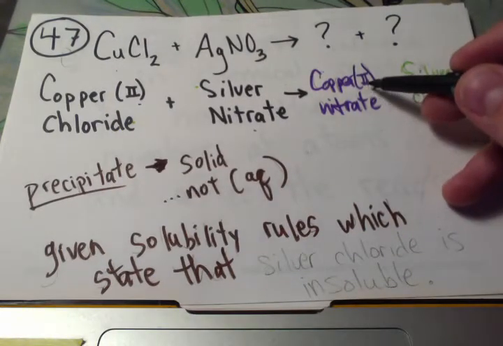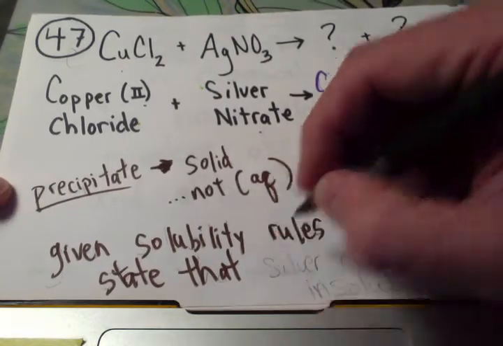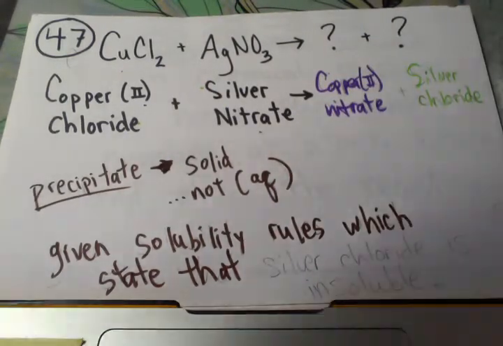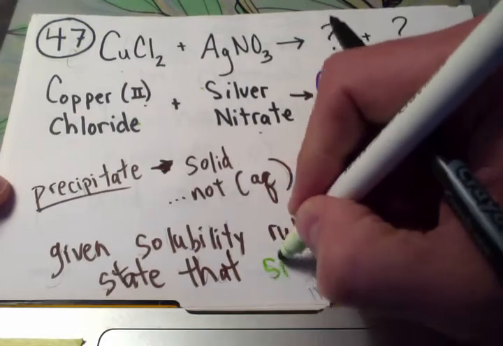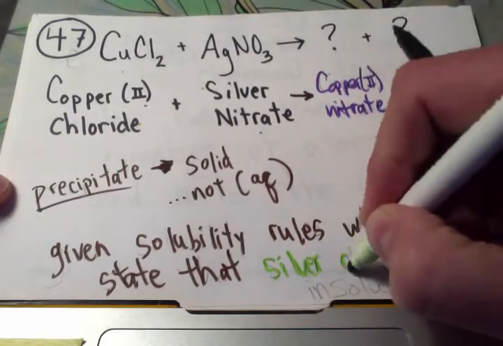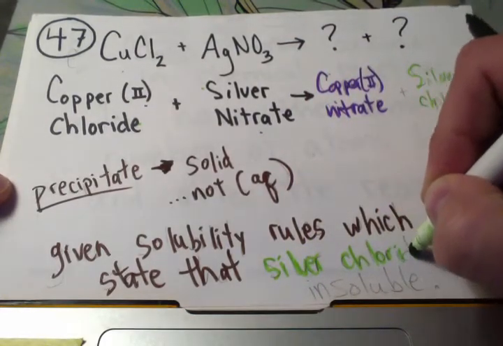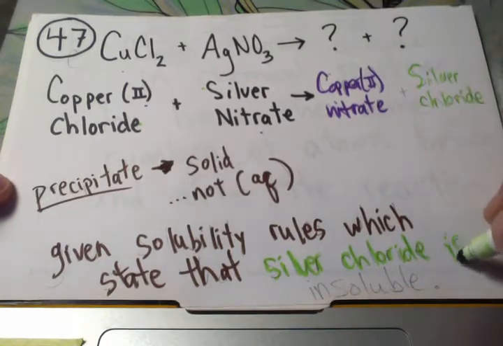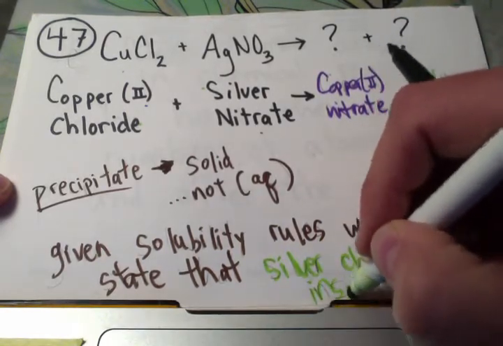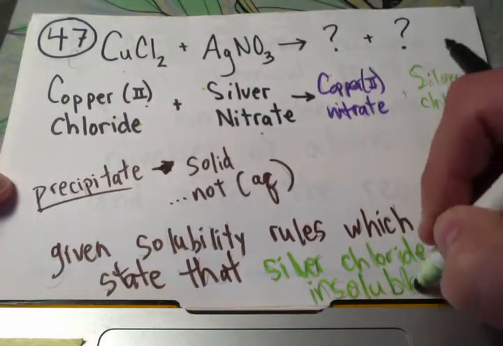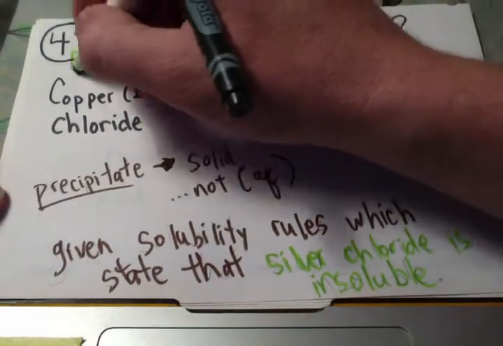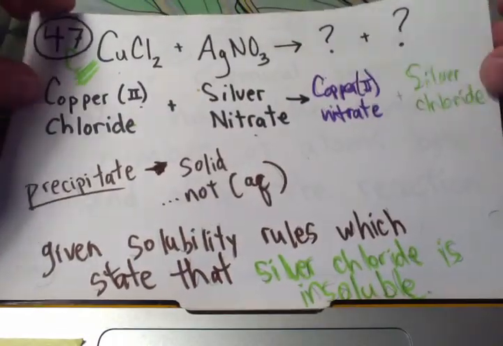Nitrates with copper metals are soluble. And the other thing it says is that chlorides made of silver are not. If it's not going to be very soluble, it's going to be a precipitate.